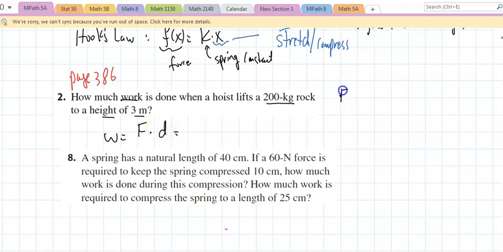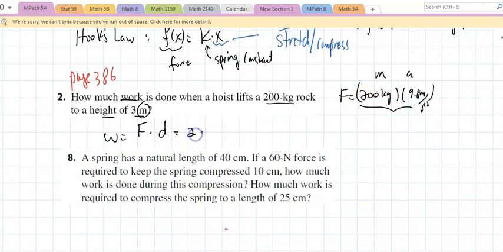Well, the force in this case, the only thing working against this when it says lifts up, is gravity. And what's gravity in this case? This is MA. M is 200 kilograms, times 9.8 meters per second squared. So the units here give automatically newtons.